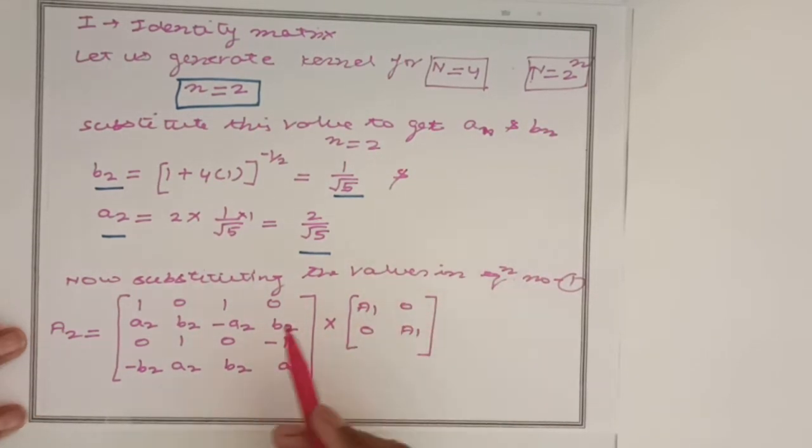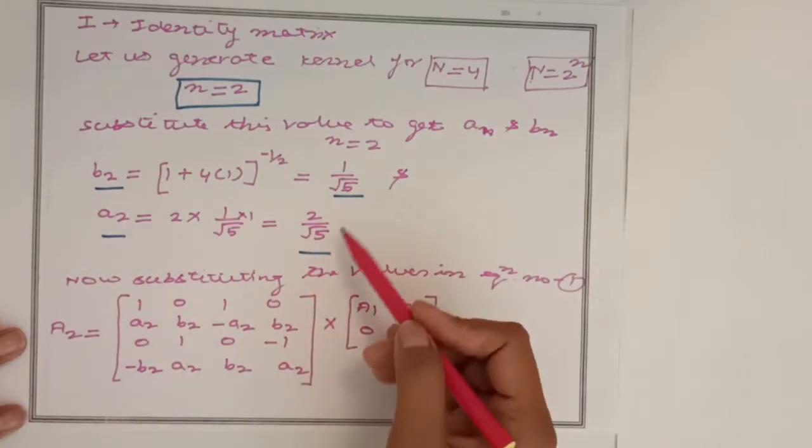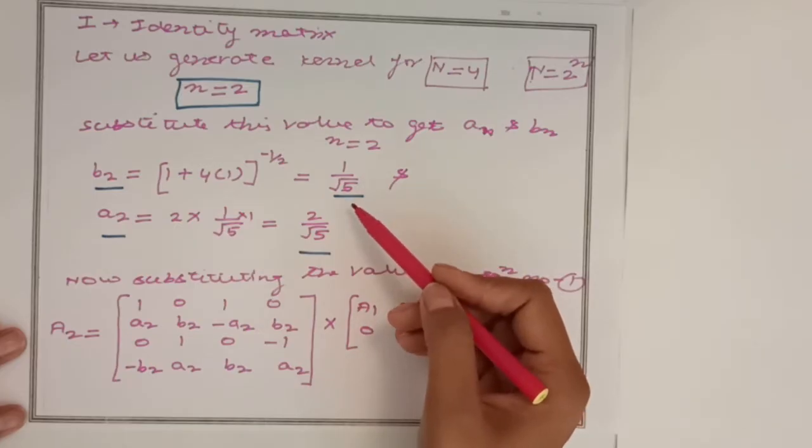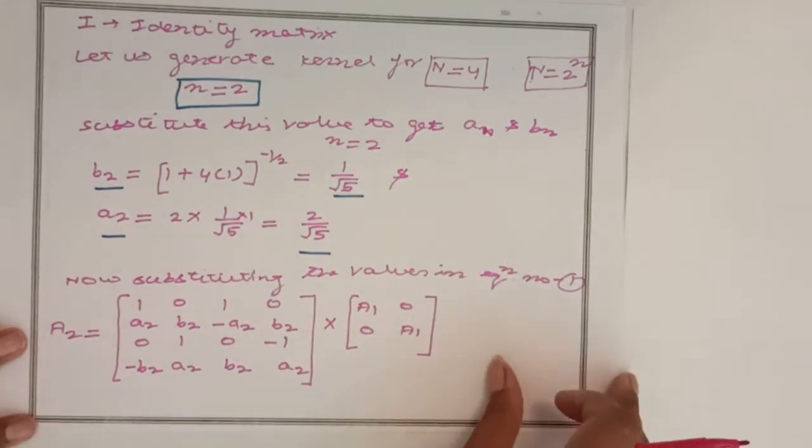Here you know that a2 is 2 upon under root 5, b2 is 1 upon under root 5. So just substitute these values.